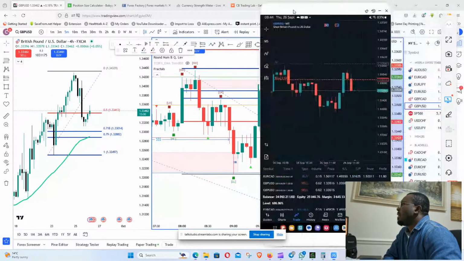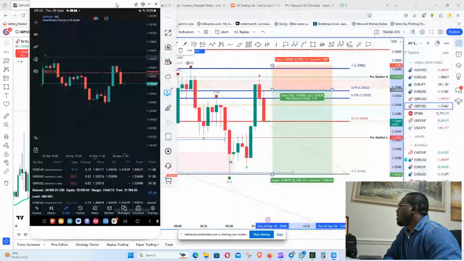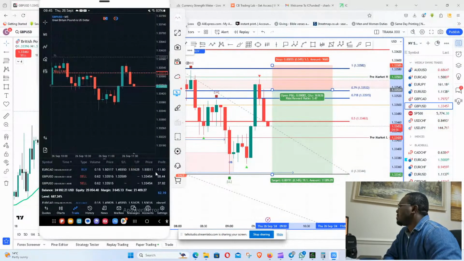All right, guys, that's my trade going on. As you can see, I'm in that trade. I have another trade that is running, but it's not that. I'm trading that account. As you can see, our TP area is here. Once price gets here, I'm going to close out the trade.